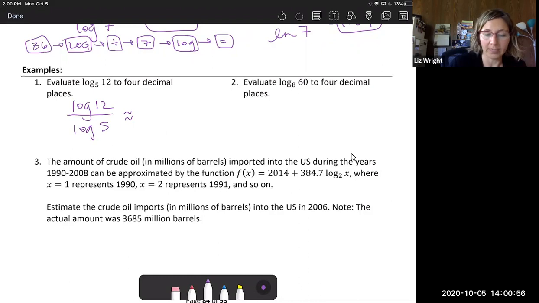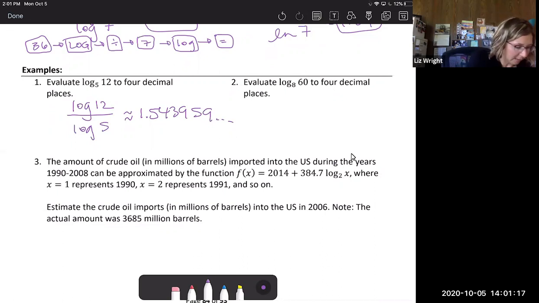Rounding to 4 places past the decimal, I'm kind of curious what 5 places past the decimal is, so I'm going to do this one. Log 12 divided by log 5. I got 1.543959, and it just keeps going. I'm going to make note of that because I don't have that one written down.